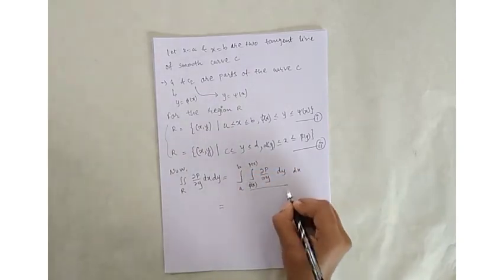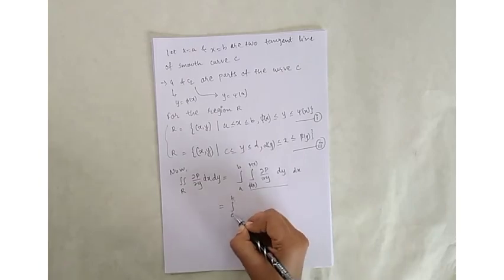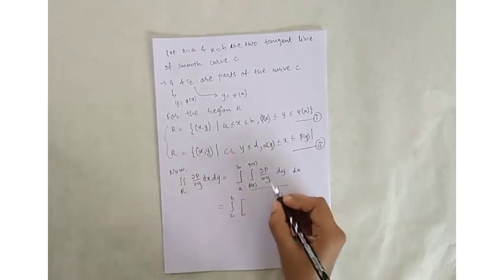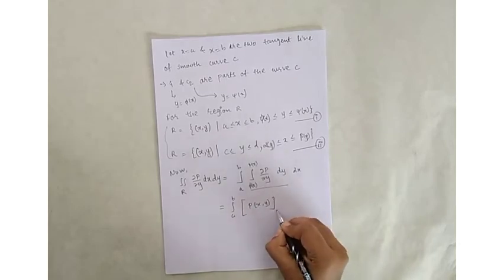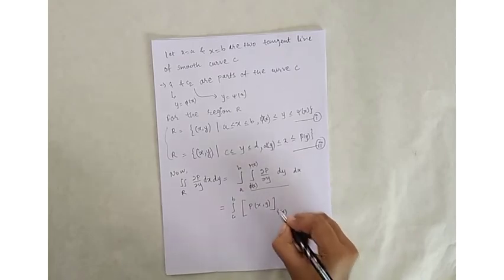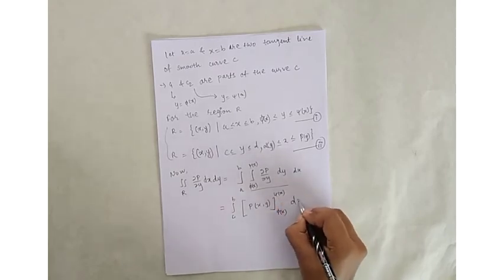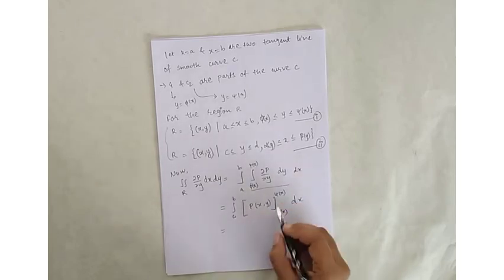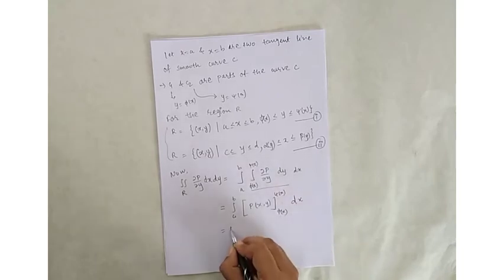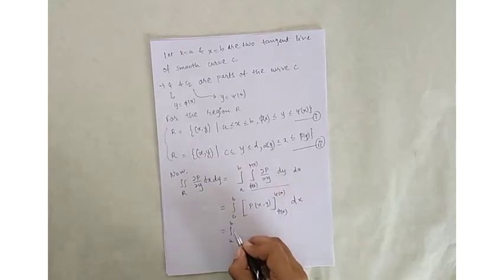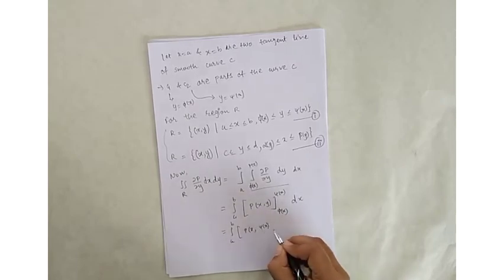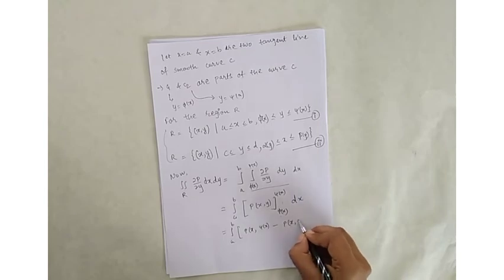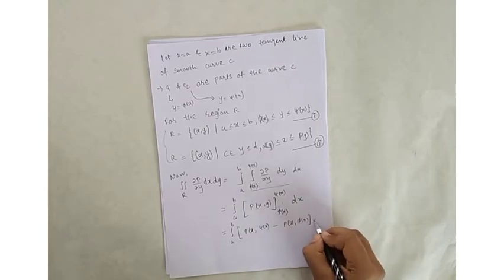So integrate this term: the integration with limit a to b of P(x,y) with limit phi of x to psi of x, dx. Put y equals first psi of x and then phi of x. So the integration with limit a to b of P(x, psi of x) minus P(x, phi of x) dx.